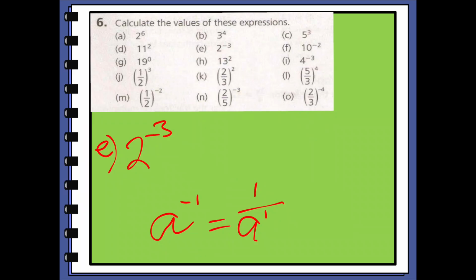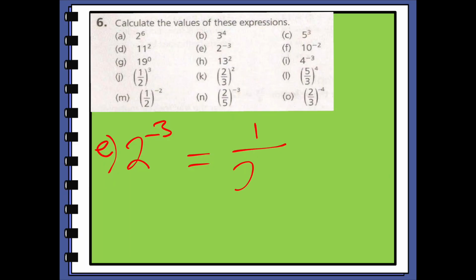So in this case, whenever you have such kind of an expression, it means you write it as a fraction, then you write 2 power 3 as a positive. The negative has now gone, there's no negative here.